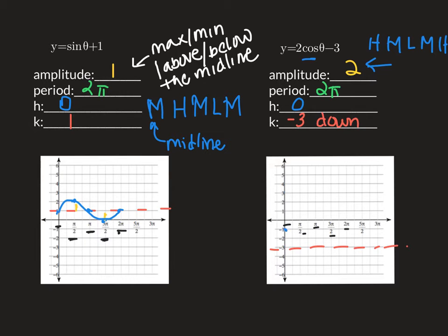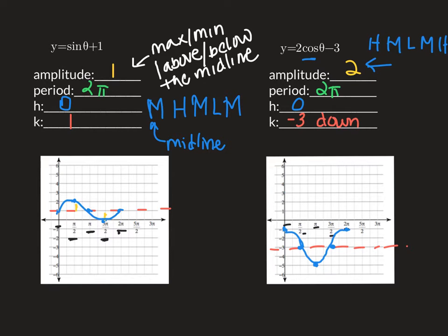Well, that starts me at -1. My midline is here at -3. My low is at -5. Middle, high. And although this looks like it could be a v, this is the cosine function, so it needs to look like a potential sine function has been shifted. So something like this. How'd you do?